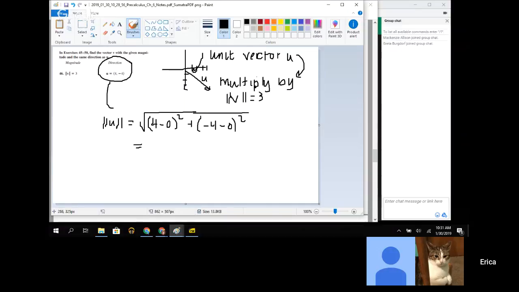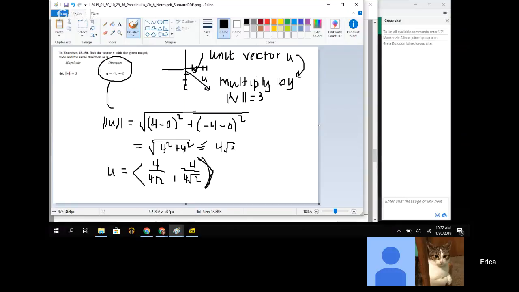So we're going to end up with the square root of 4 squared plus 4 squared, which, if you do all that work, gives you 4 square root of 2. Then my unit vector for u is going to be 4 divided by 4 square root of 2, -4 divided by 4 square root of 2.